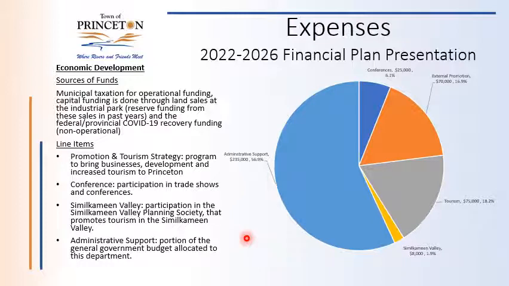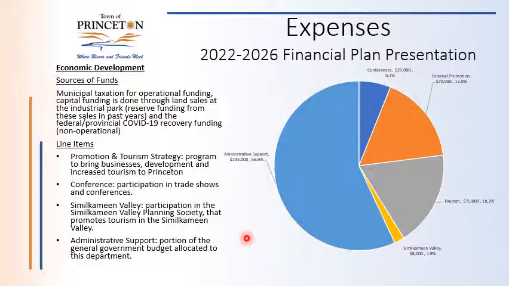Economic development. Economic development is funded through municipal taxation. Some capital funding is provided through the industrial park land sales, and if there is recovery funding or funding in general available, capital projects can also be done through taxation or through grant funding from the federal government.